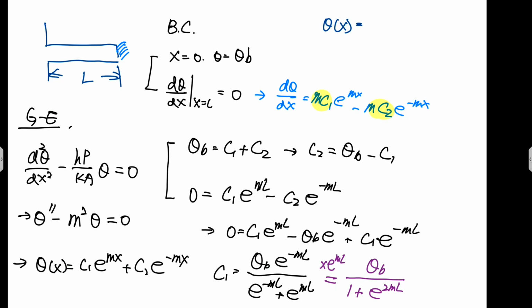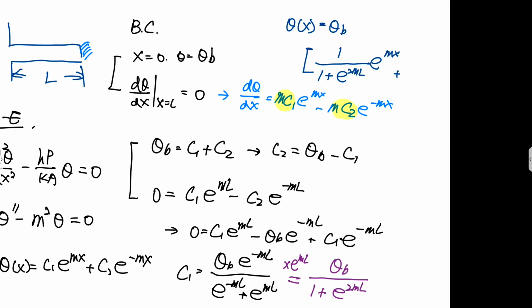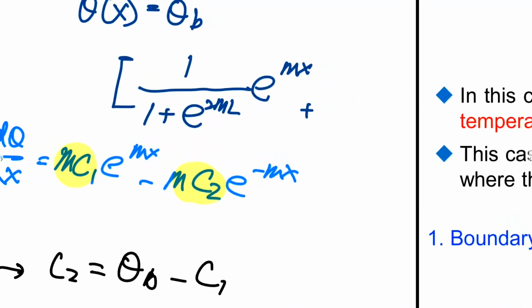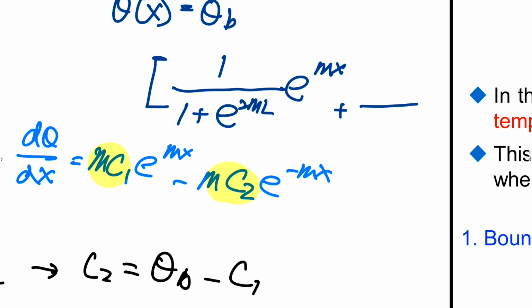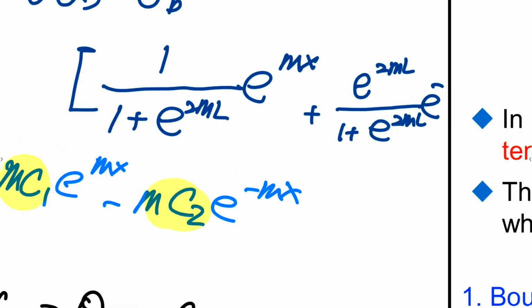That will equal theta b times, that's a very long one, let me try to write it down, (1 over 1 plus e to the 2ml) e to the mx plus, wow, that's very long, let's try to squeeze it, (e to the 2ml over 1 plus e to the 2ml) e to the minus mx.